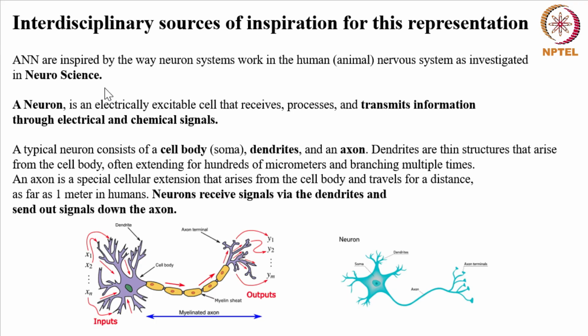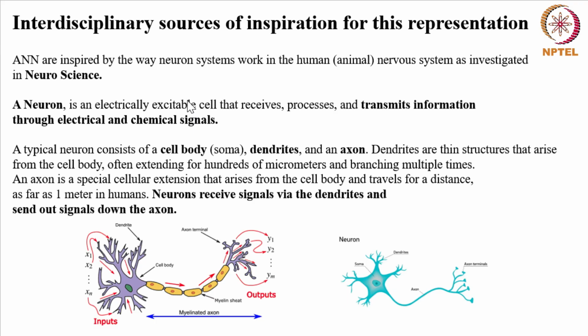The difference is, of course, that while artificial neurons are digital in nature, a real neuron is an electrically excitable cell that receives, processes, and transmits information through a combination of electrical and chemical signals. So the real neuron is a very complex machinery, in contrast to the rather simplified artificial neuron.